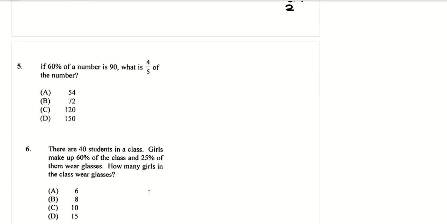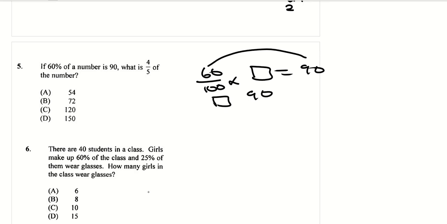Right, 60% of a number is 90. What is 4/5 of it? I believe that the answer is 120, but let's check that out. 60 over 100 multiplied by some number is equal to 90. That some number would be 90 over 1 divided by 60 over 100, which is 90 over 1 multiplied by 100 over 60.